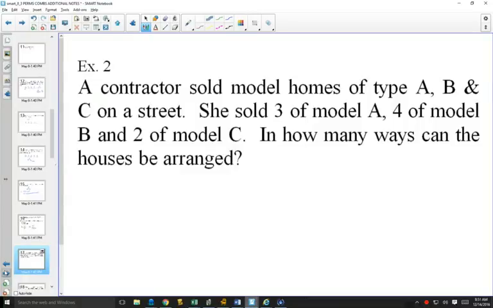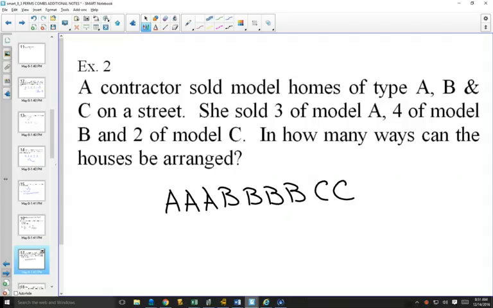Well, once we recognize that we have some identical objects, then one of the strategies that we use is to write it out as a word with those identical objects. So in this case, 3 of model A, I can represent that with 3 A's. And then 4 of model B with 4 B's, and finally 2 of model C with 2 C's.